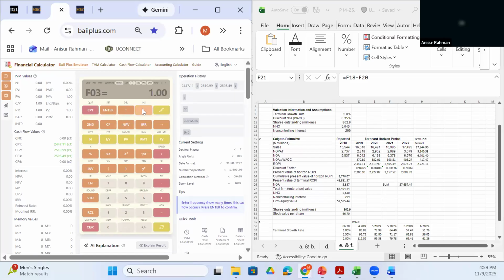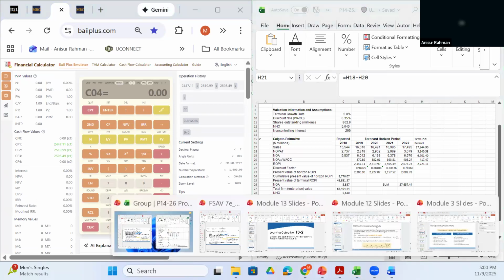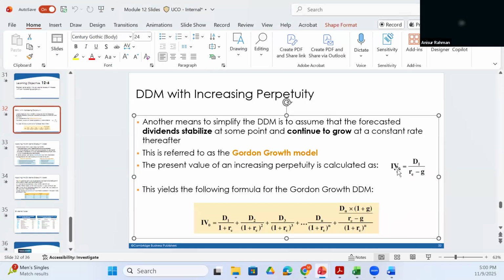Enter. Now, for the last horizon period, first we are going to calculate the present value of the terminal period at this point in time, which is basically this formula.